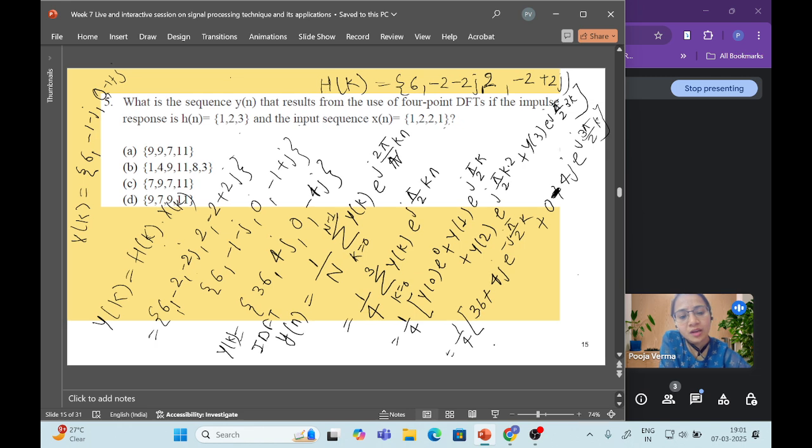Now if this is the value of y of n, put n equal to 0, then 1, 2, 3, and you will get the values.